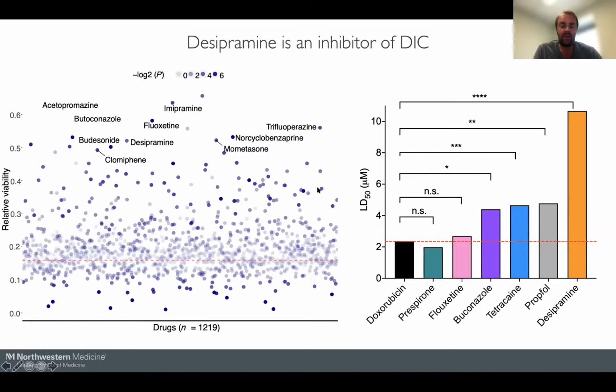So that was really interesting to us. So we now know that there's a long non-coding RNA that controls the expression of SLC28A3, and we think that's one of the major players in the uptake of doxorubicin.